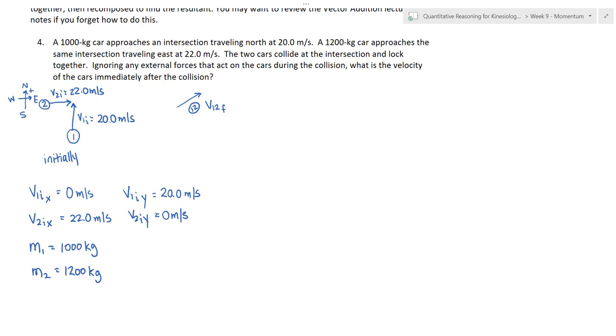Okay, so we're going to go ahead and use the same formula that we did in question 3, which was total momentum initially before the collision is equal to total momentum final after the collision. So initially before the collision, we have two different objects: m1 v1 initial plus m2 v2 initial equals, after the collision, we really only have one object because the two objects locked together.